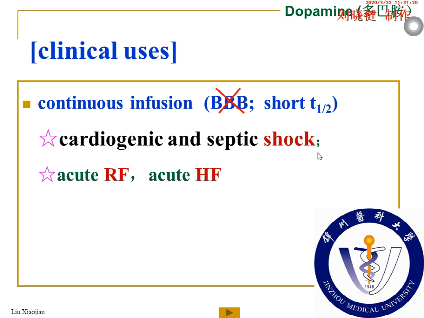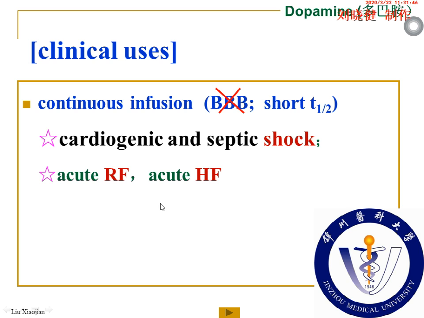So it promotes urine production, and then promotes the excretion of metabolites with the urine. It is really helpful to correct the acidosis. It's really useful.